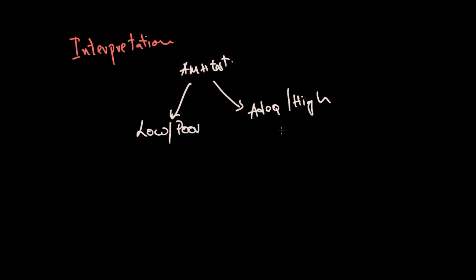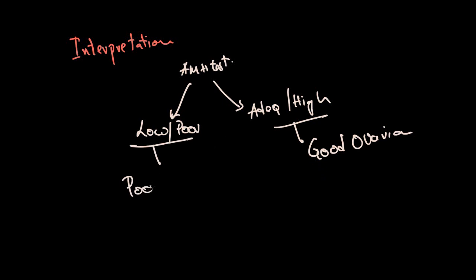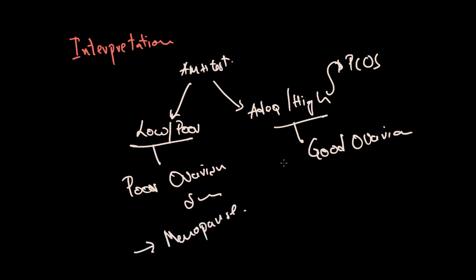Adequate to high levels indicate good ovarian reserve, whereas low or poor indicates poor ovarian reserve. Sometimes high levels are also seen in polycystic ovarian syndrome. However, the values need to be strictly correlated with your clinical presentation. The results need to be interpreted based on the particular clinical scenario.